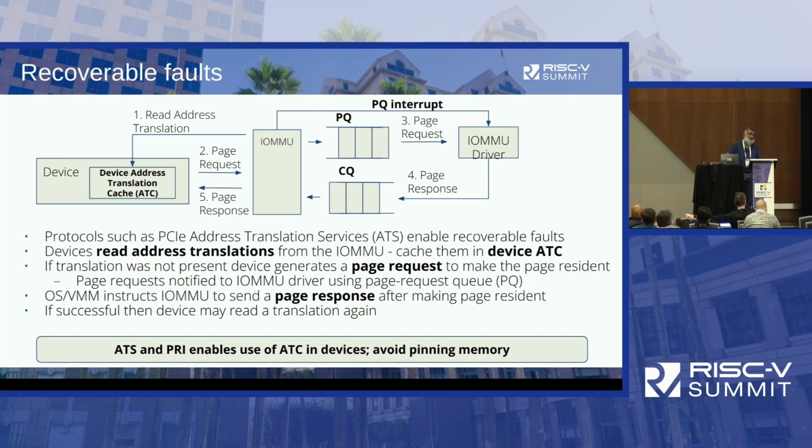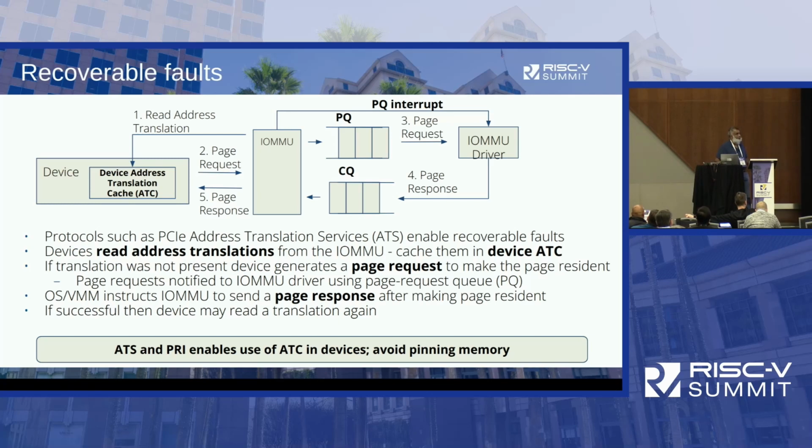Having device-side address translation caches has other benefits because now the device can size its address translation cache based on its I/O needs, and it is less susceptible to being polluted by I/Os made by other devices and so on.